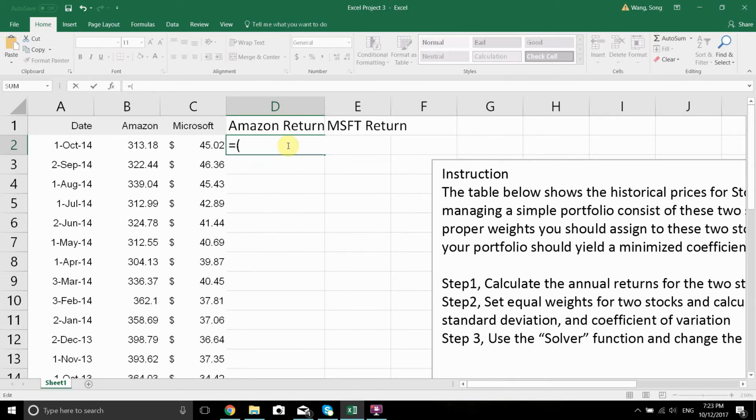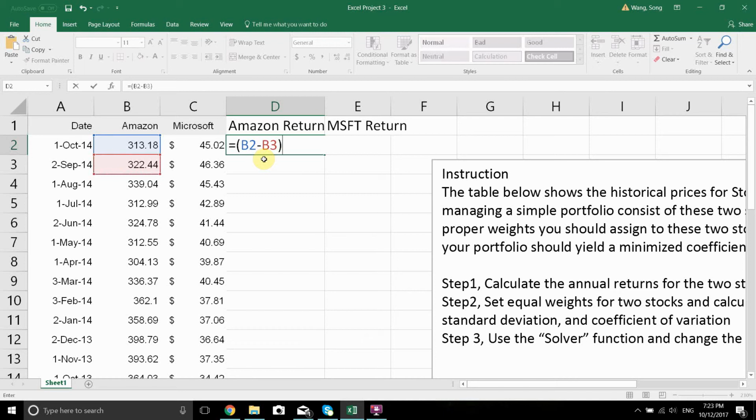And if you put into the calculation, you can take a look right here. For Amazon, the old price, for example, right here, it's the price on September, which is $322, and the new price is $313. Okay, so this is what we do. We use the new price or the later price minus the old price or the earlier price.